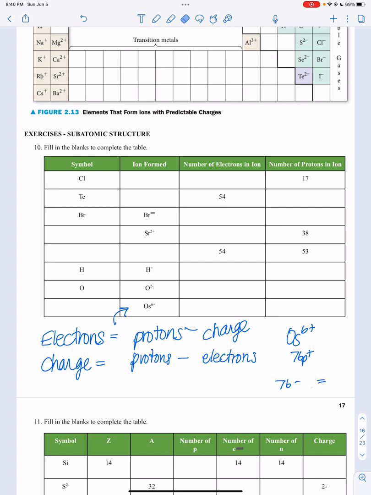I was giving you the answer there. 76 minus 6 equals 70 electrons. And that would work out with getting the charge. I would be 76 protons minus 70 electrons equals +6. Boom. So the number of electrons in the ion is 70 electrons. Number of protons in the ion, 76 protons. And so the regular symbol would just be Os, osmium.